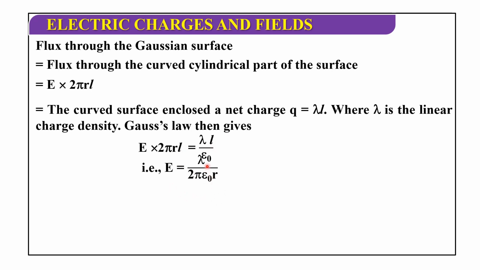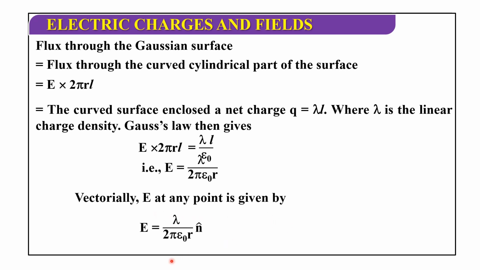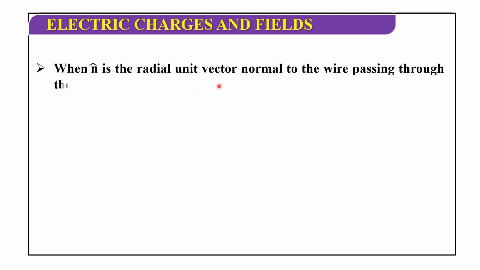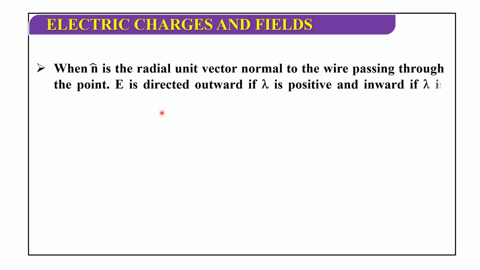So E is equal to lambda by 2 pi epsilon naught r. Vectorially, E at any point is given by E equals lambda by 2 pi epsilon naught r into n cap, where n cap is the radial unit vector normal to the wire passing through the point. E is directed outward if lambda is positive and inward if lambda is negative.